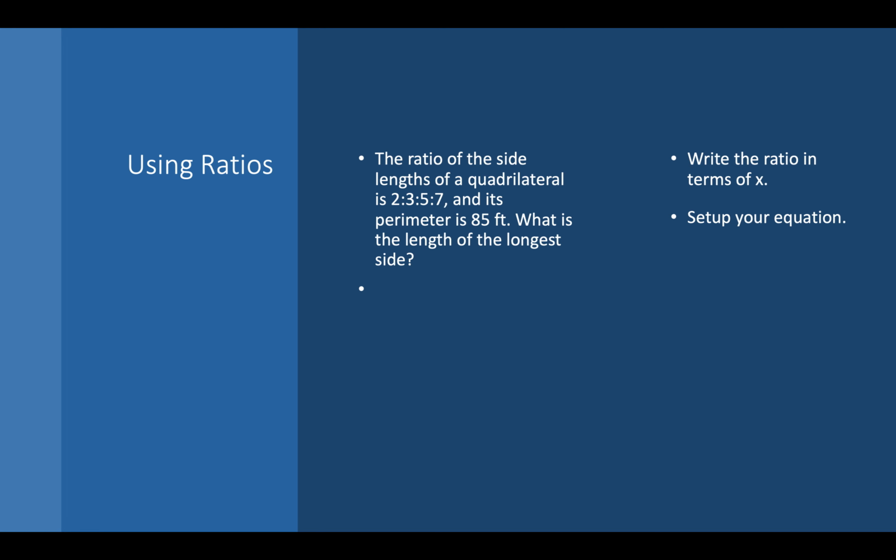And 5 times 2 is 10. So solve the equation: 17x equals 85, x equals 5. Find the longest side: 5 times 2 is 10.